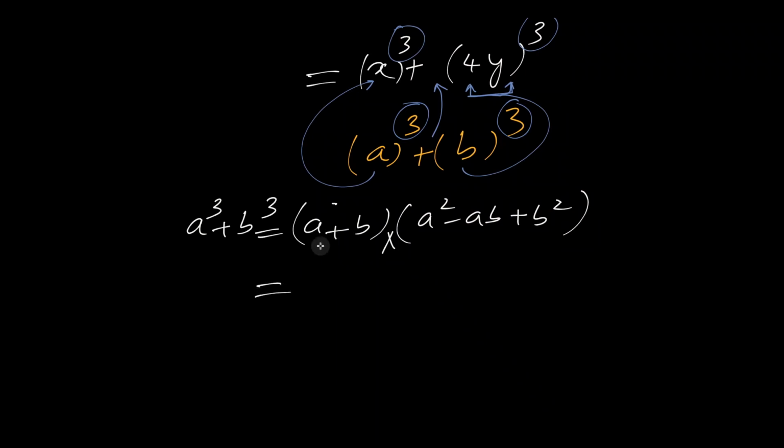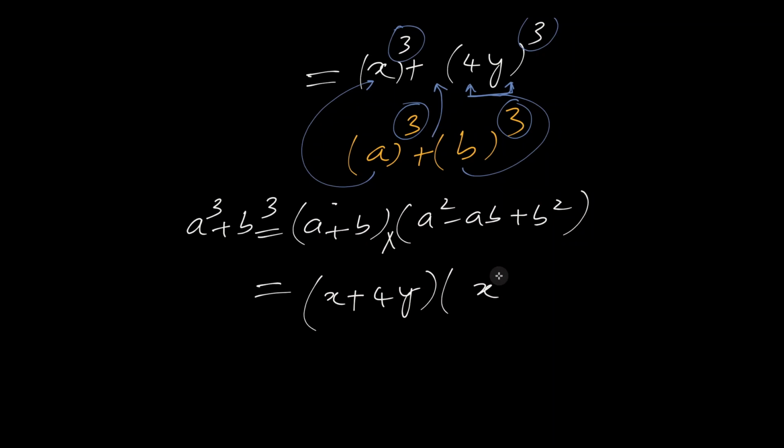Let's say a is x, x plus b. What is b here? It is complete 4y. This is the bracket I am closing, and this is the second bracket, a square. So what is a here? It is x. Keep in mind that you have to fit into the formula. That's the reason it is very important to understand what is a here as per the question. Here a is just x.